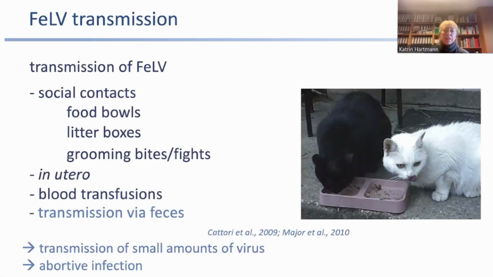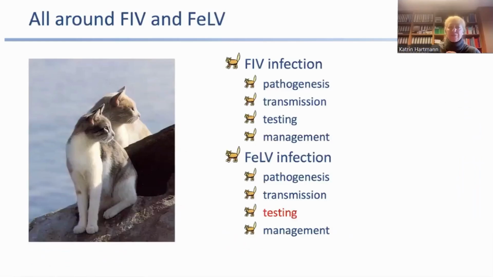And there is one study that also showed that even feces can be infectious. However, if there's fecal transmission, there's only a very low-grade infection, which only leads to abortive infection. So this is kind of like an immunization that you can do with virus that's shed in feces.